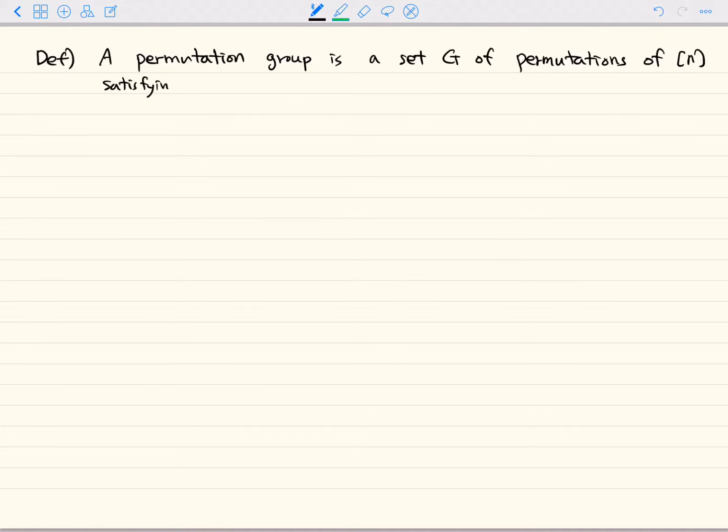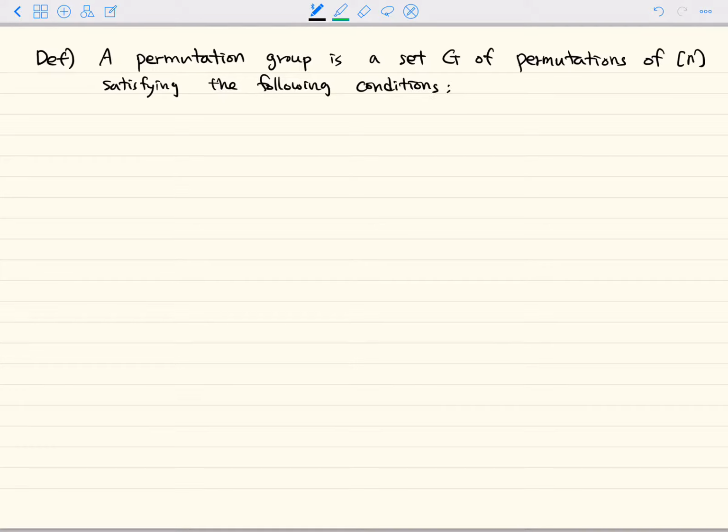A permutation group is a set, say G, of permutations, say permutations of [n], satisfying the following conditions.